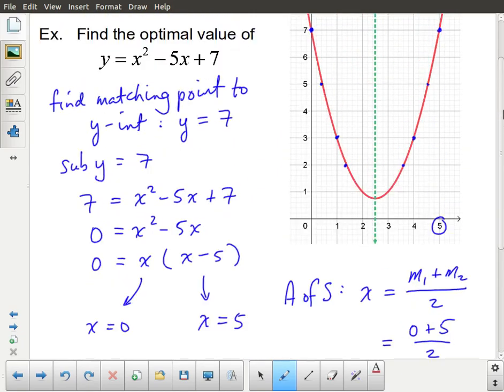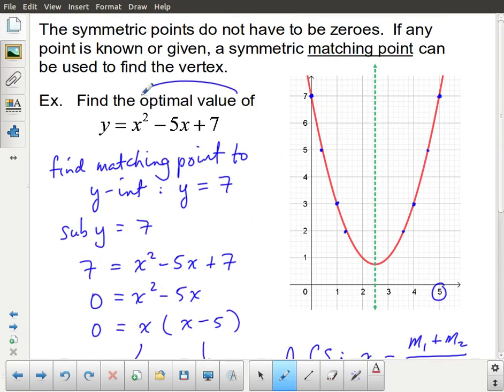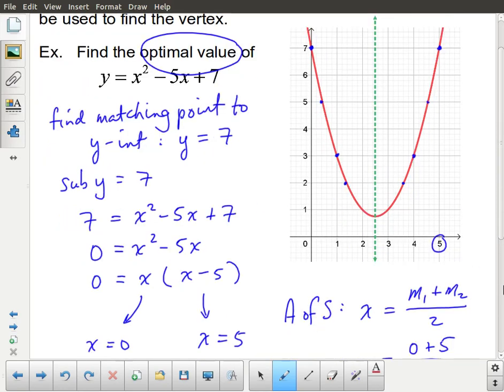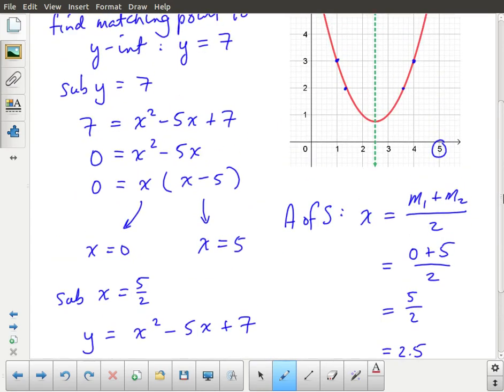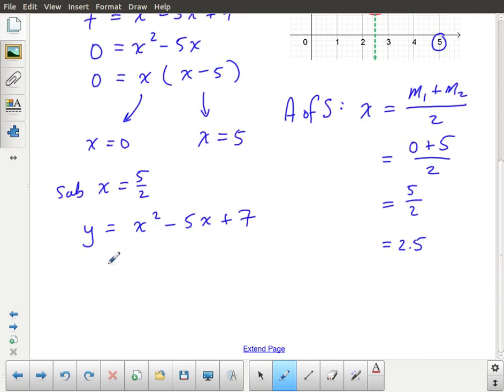What does the question want? The question wants the optimal value. So I have to find the y value that goes with that x value. So now I'm going to sub x equals 5 over 2 into y equals x squared minus 5x plus 7. Let me just make sure that I have it written correctly. x squared minus 5x plus 7.